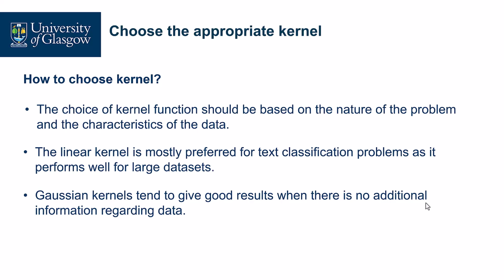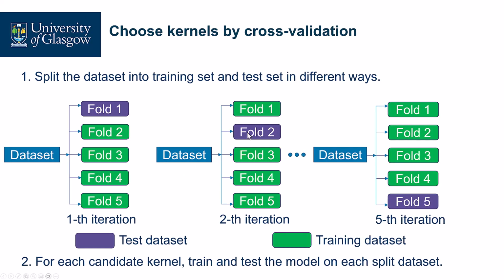However, we can also use what we have learned, the cross-validation, to measure each kernel's performance. Then we can try them one by one, evaluate them objectively, and select the best one. So now let's see how to do that. This is cross-validation. We have gone over it several times. We have the training set and the test set.